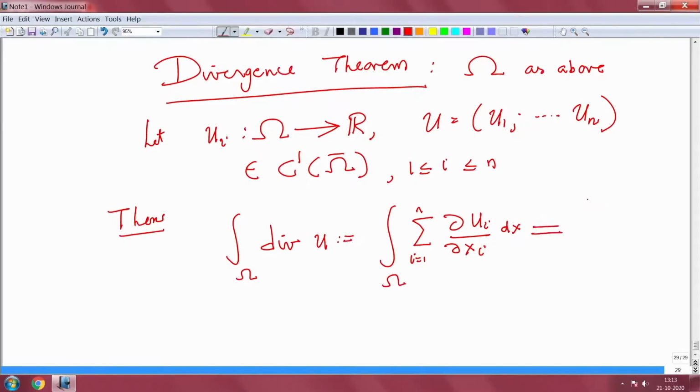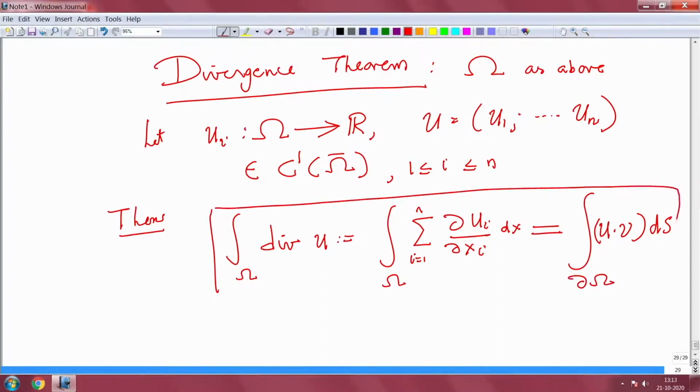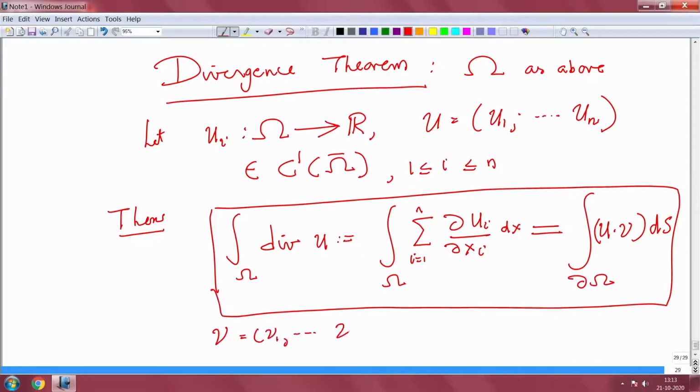So the theorem is this one: the integral of u dot nu. This is the surface integral over the boundary, where nu is (nu_1, ..., nu_n), the outward unit normal.